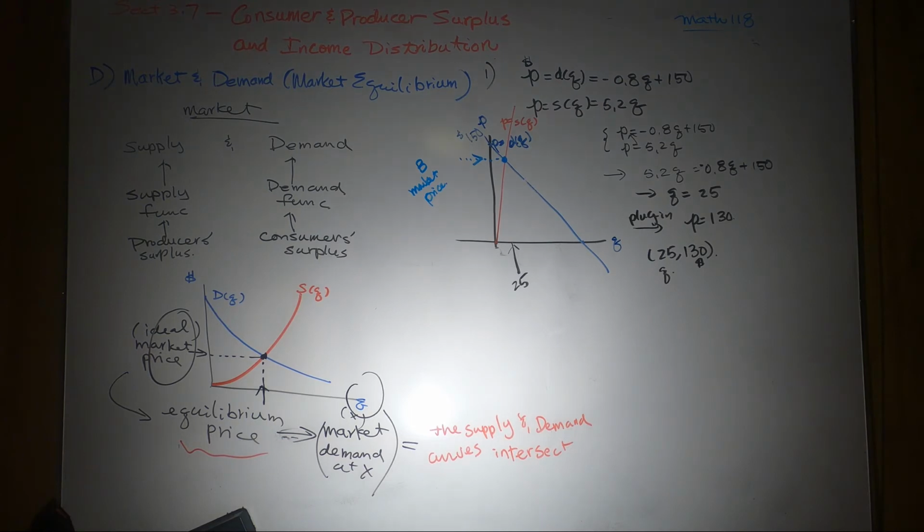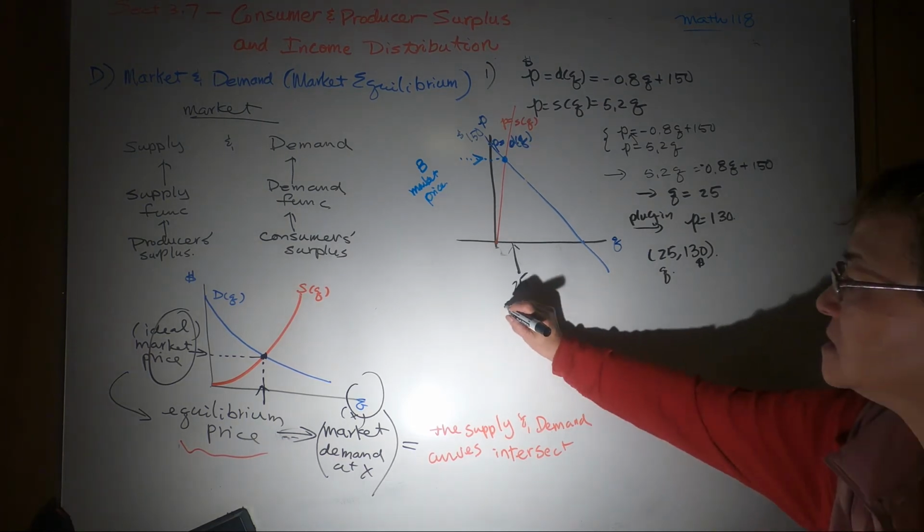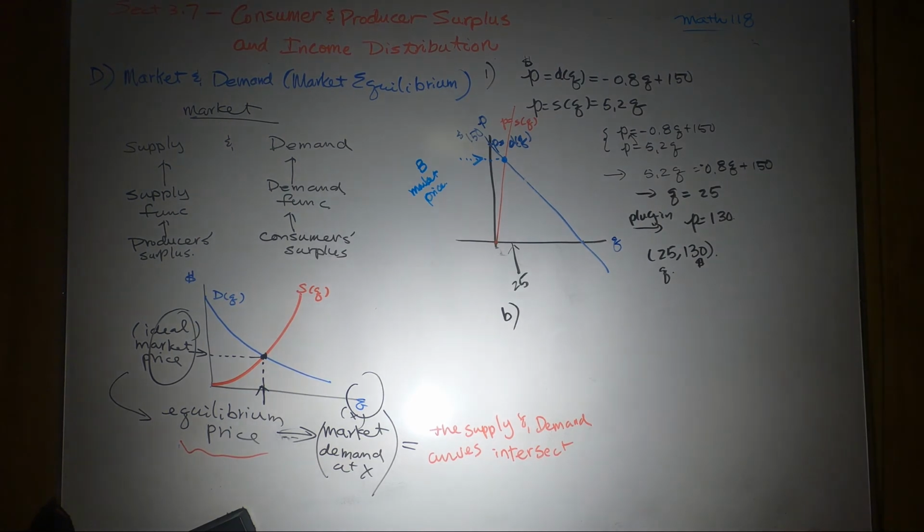Okay? Then at this point, we want to consider in the marketplace what the consumer surplus is, and what the producer's surplus is. How much is left over to invest, and how good the market is.